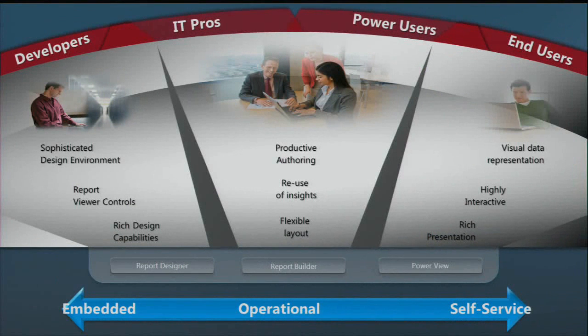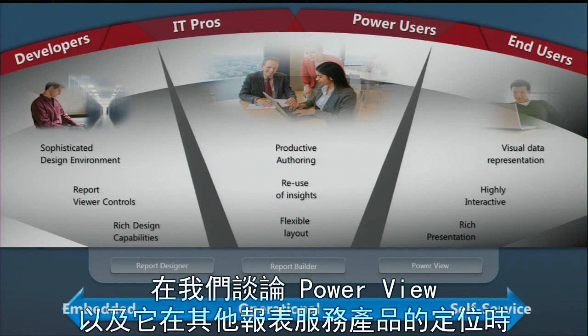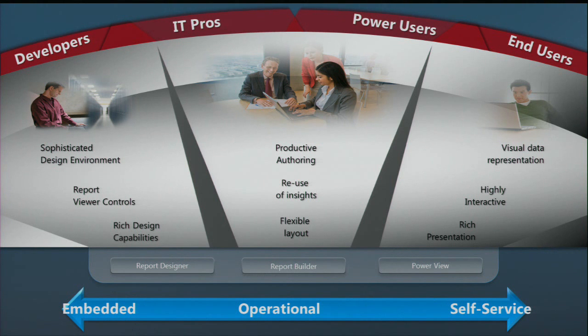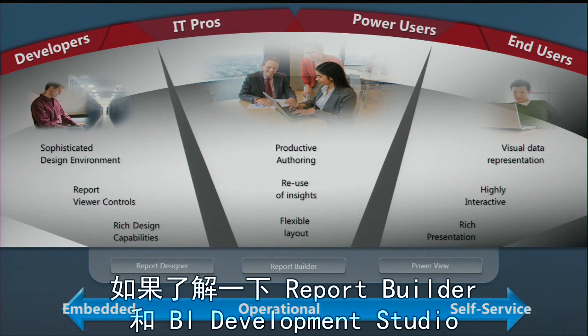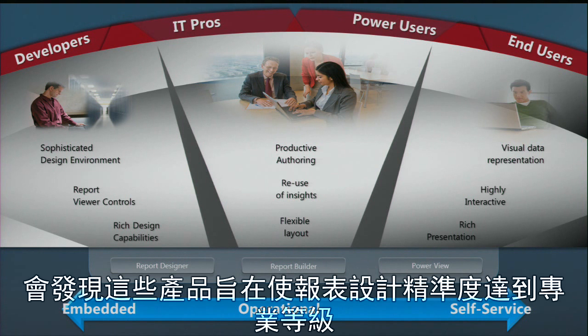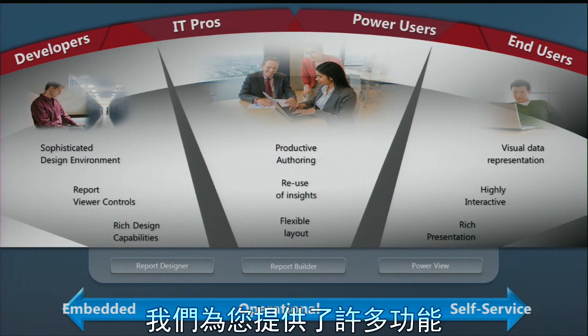All right. So when we talk about Power View and how we position it to our other reporting services offerings, there's a couple of key differentiating features. If you look at Report Builder and BI Development Studio, those products are designed for pixel-perfect type reporting, and we give you a lot of capability.